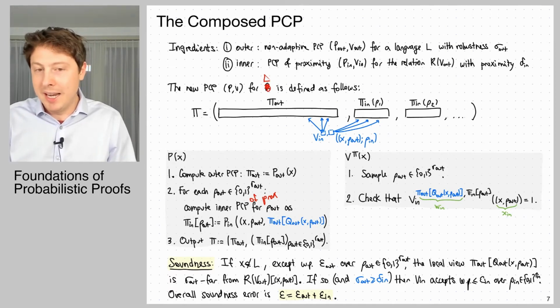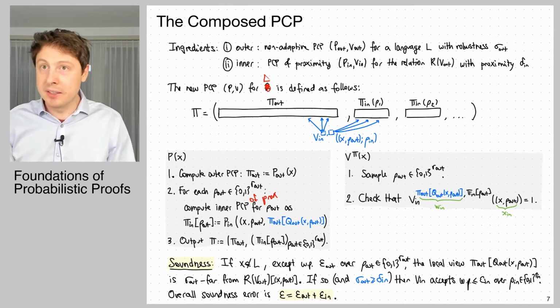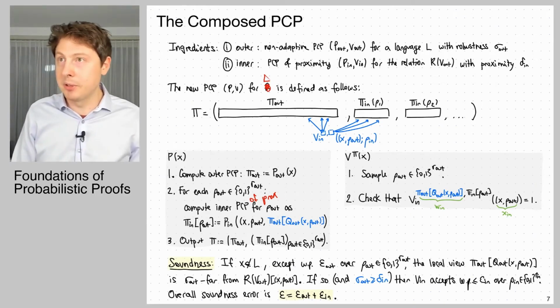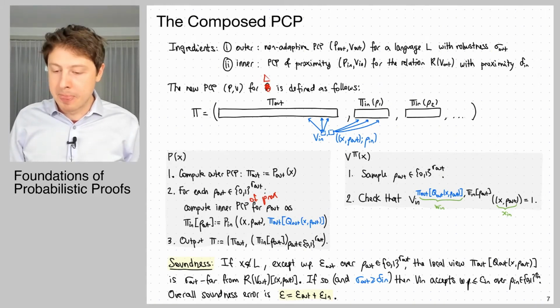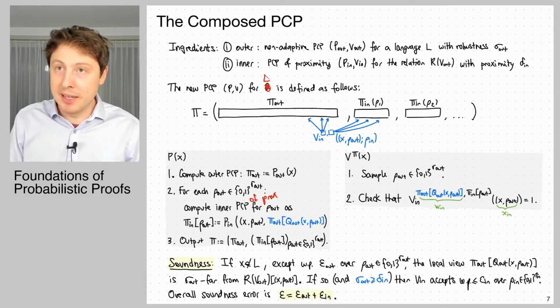And the high-level plan differs from the actual plan just in these minor syntactic changes, but really you're running the inner proof system on the outer verifier. Okay, so other questions about the soundness or syntactically what's going on here?